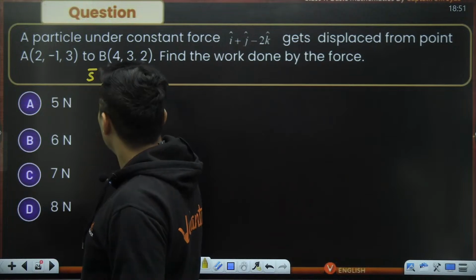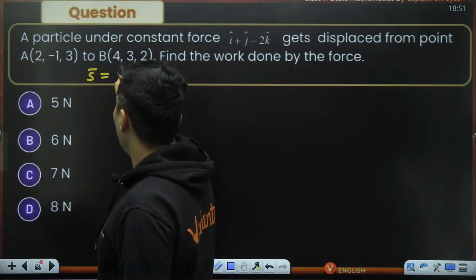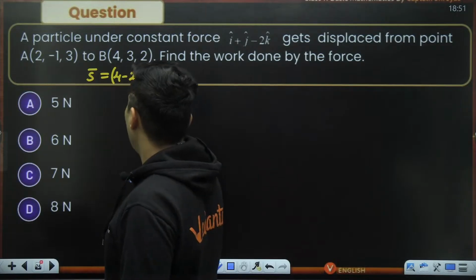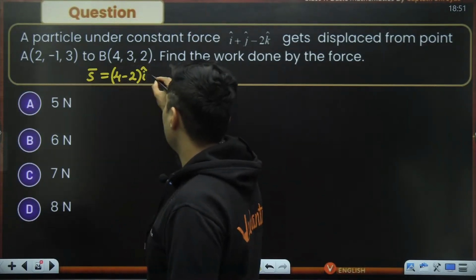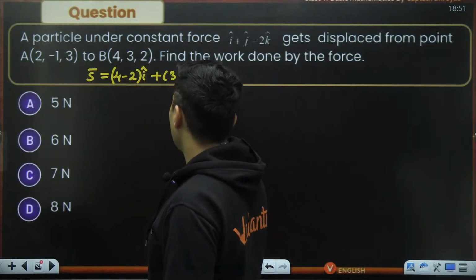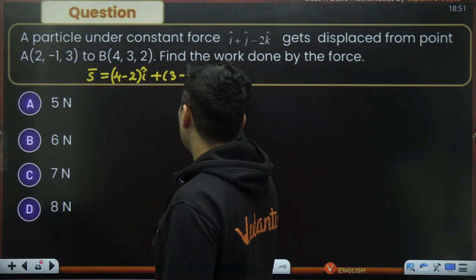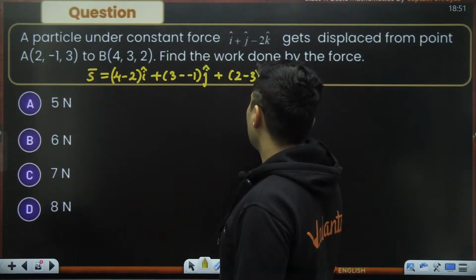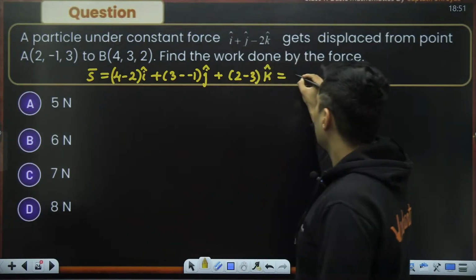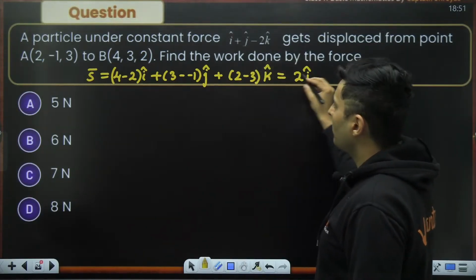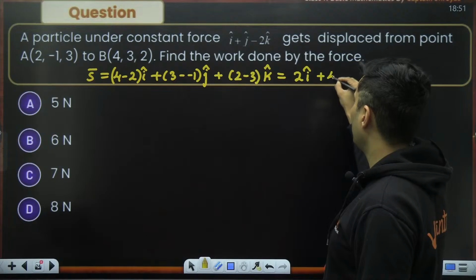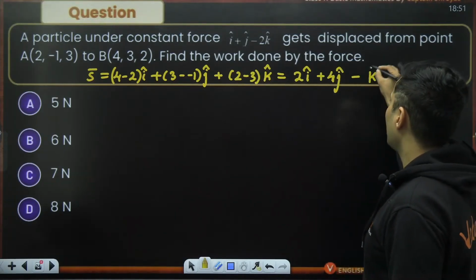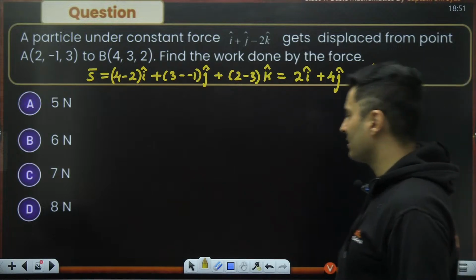So this will be 4 minus 2, final minus initial, i cap. Similarly, 3 minus minus 1, j cap, and lastly 2 minus 3, final minus initial, k cap. So this becomes 2 i cap, 4 j cap, and 2 minus 3 means minus 1 k cap. That is the displacement in meters.